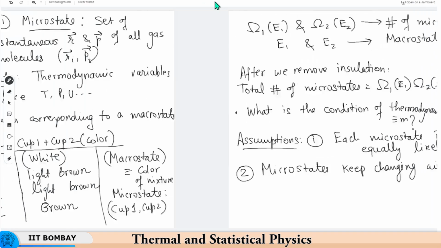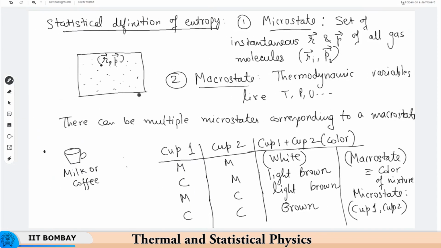What that means is, if I am observing a container containing gas molecules, the positions and momenta of these gas molecules are always changing with respect to each other, right. So, it is not a snapshot that we are looking at, we are basically observing this system for a very long time, in which case all the microstates keep changing between each other, all right.